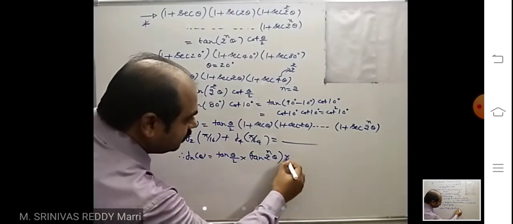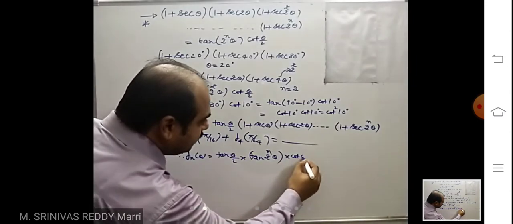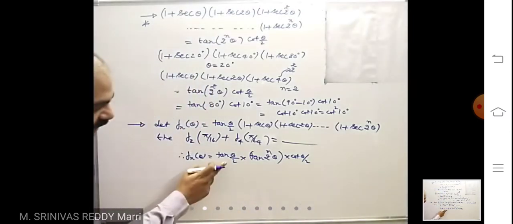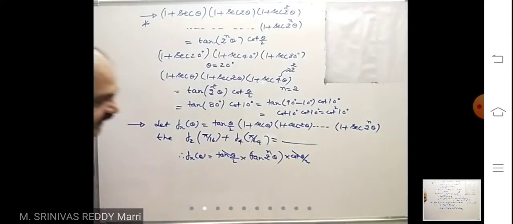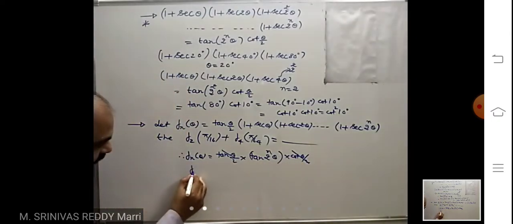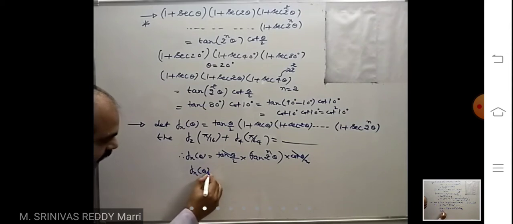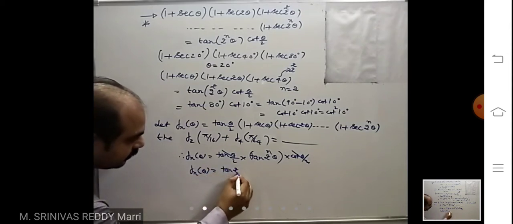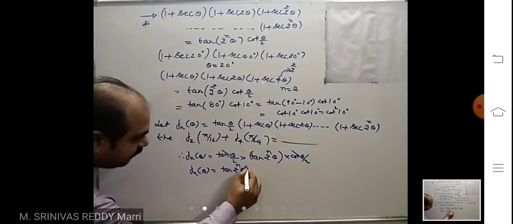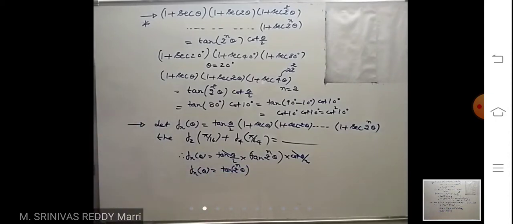So tan theta by 2, this is 1 by tan theta by 2. This will get cancelled. So Fn of theta is nothing but tan 2 power n theta. So here n is there, theta is there.